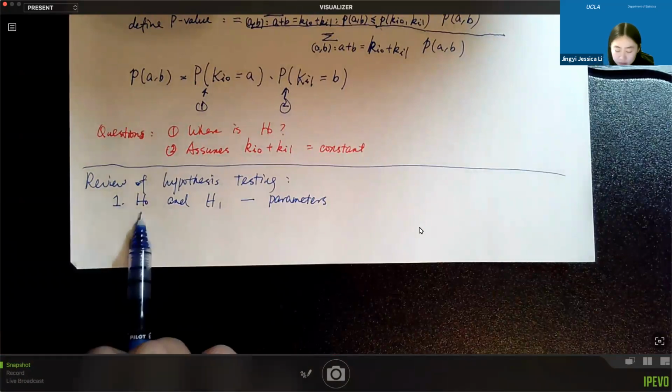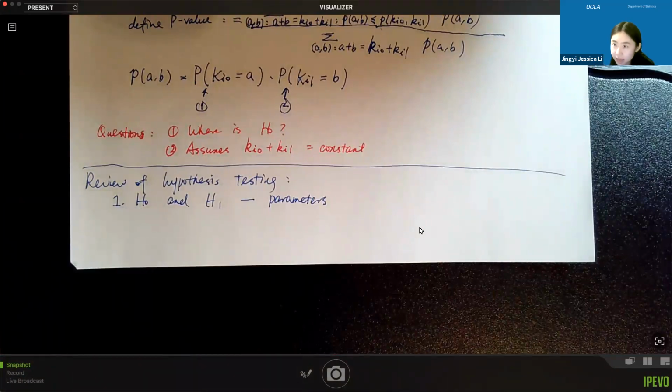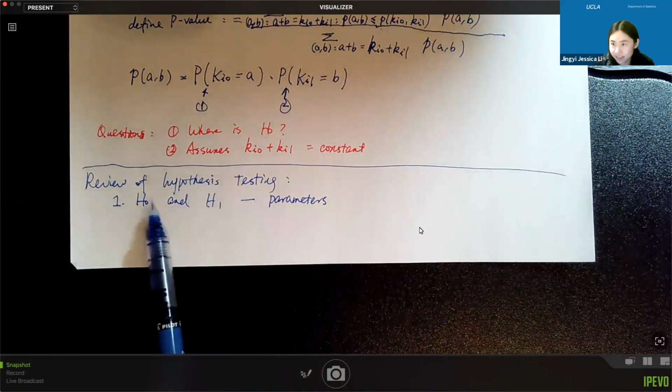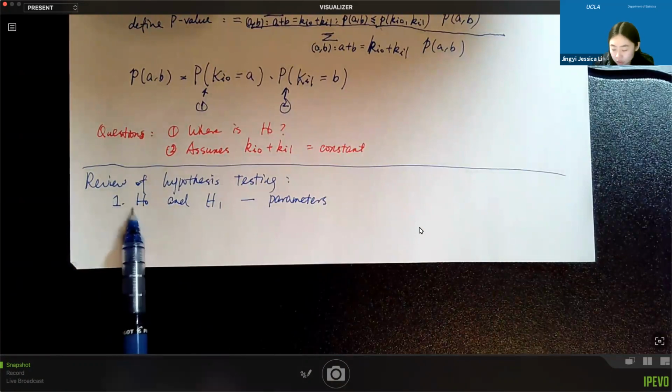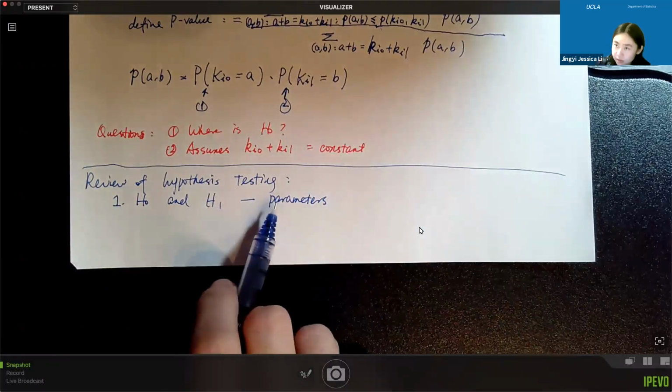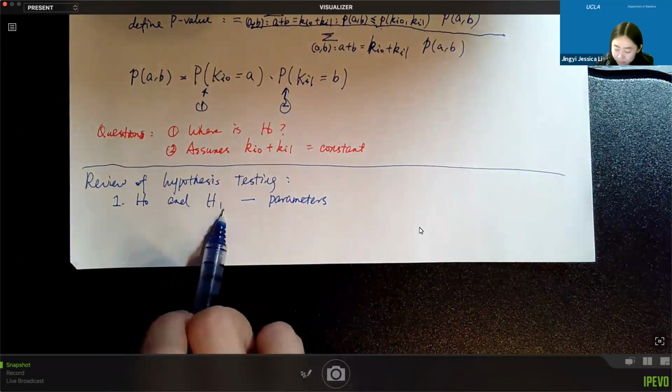The null hypothesis is usually an equation saying, okay, the parameters are equal to something, or 2 parameters are equal, like in our case, the means under the control and the treatment are equal. That's the null hypothesis, it's an equation. The alternative is usually the violation of the null hypothesis, or it can be one-sided in some cases. So this first thing we need to specify is the null hypothesis and alternative hypothesis.